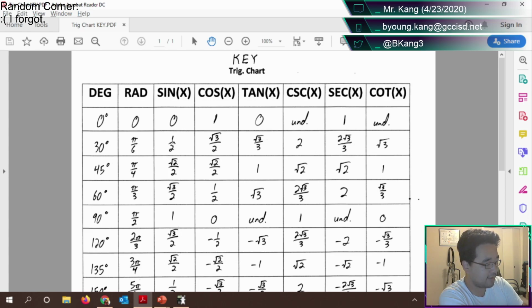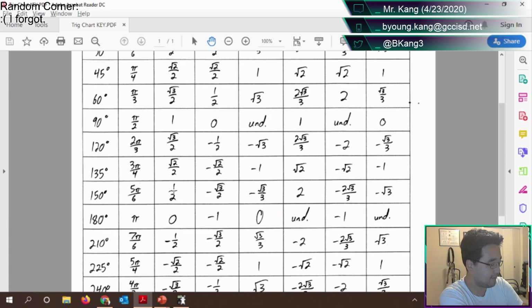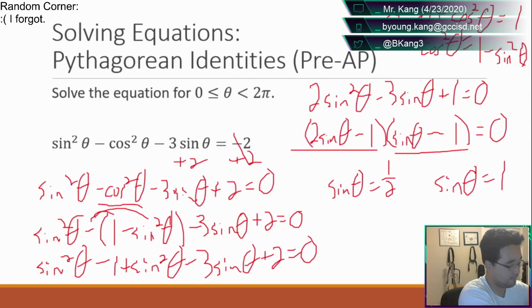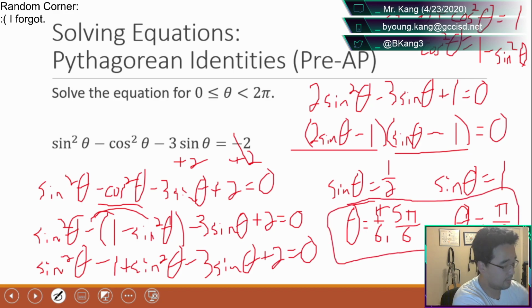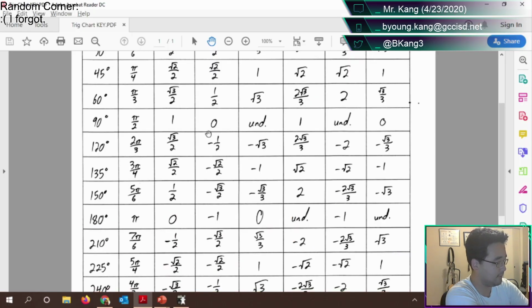So sine is 1/2 at pi over 6 and at 5 pi over 6. And then sine's equal to 1 at 90 degrees. I already remember that, so pi over 2.